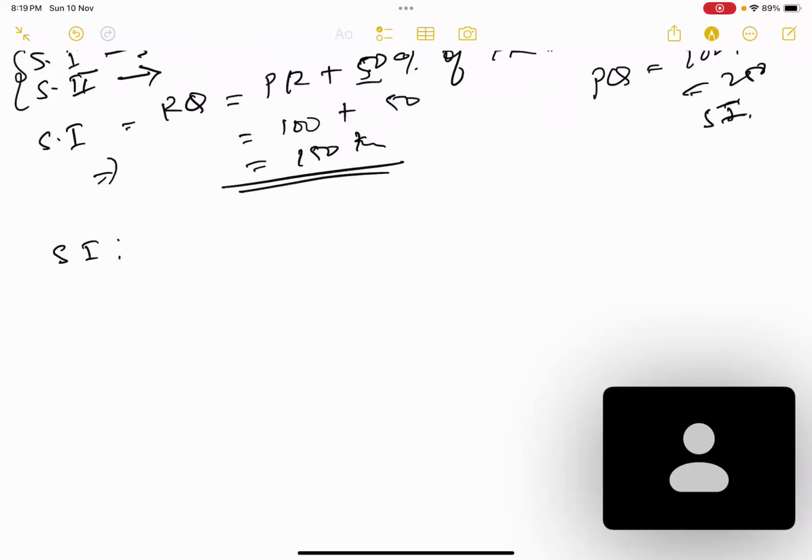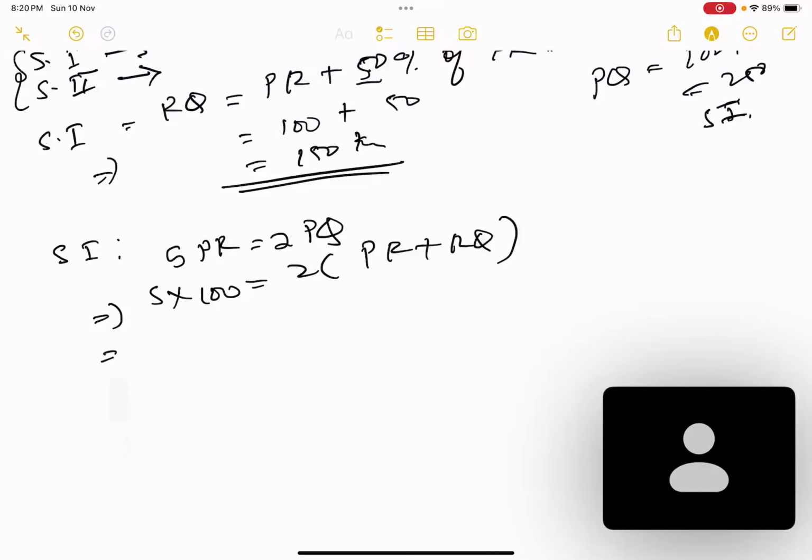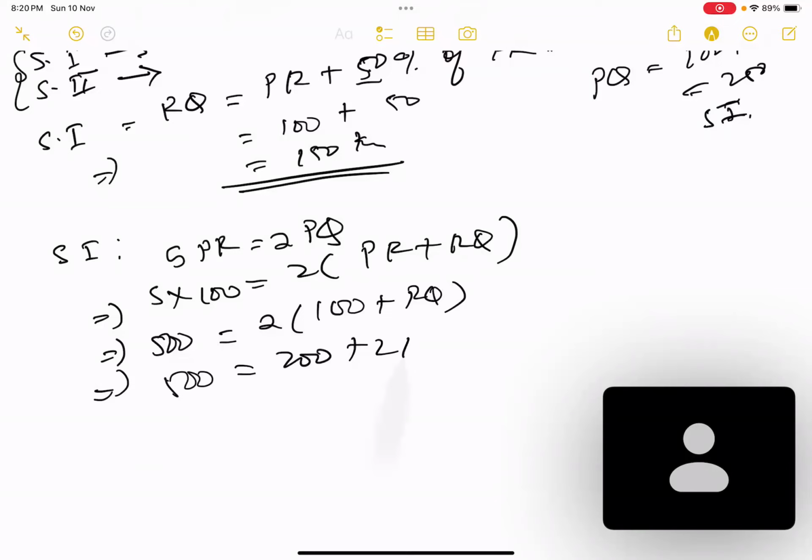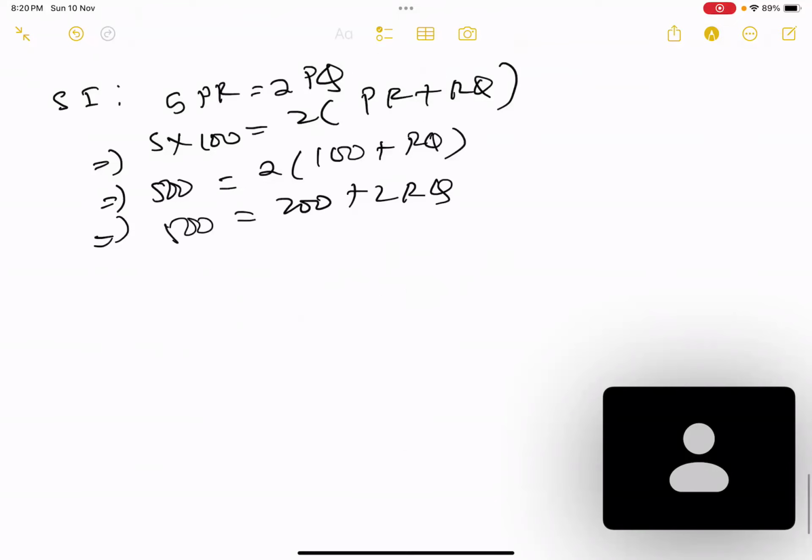Now statement two says that 5 times PR is equal to 2 times PQ. Which is nothing but 5 into 100 is equal to 2 times PQ, and PQ is nothing but PR plus RQ. That's 500 is equal to 2 into 100 plus RQ. 500 is 200 plus 2RQ. 2RQ is equal to 300 and RQ is equal to 150.